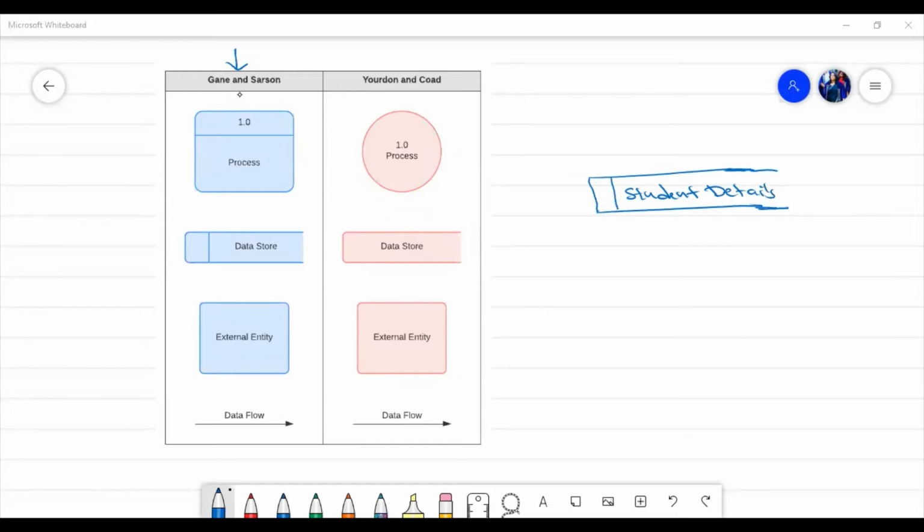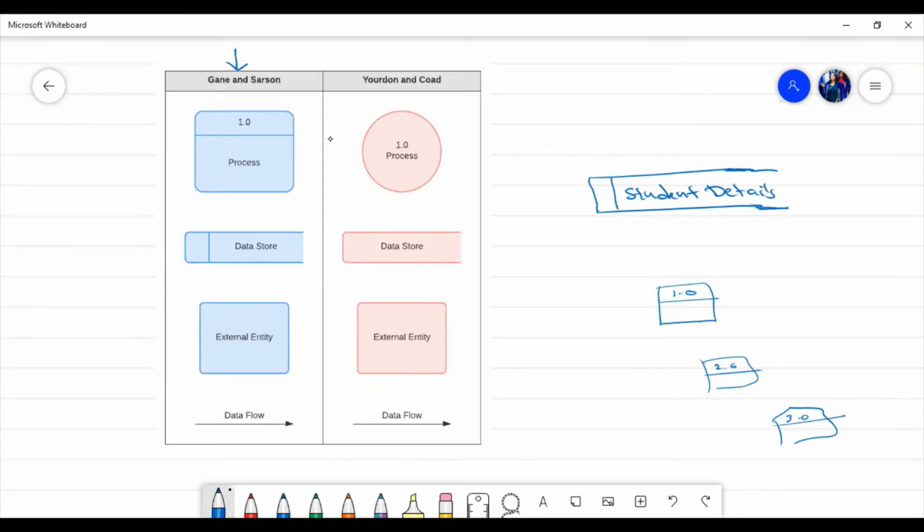Yes, Nuhansa, I can explain. Normally, this 1.0, when we are drawing DFD diagrams, we might have a lot of processes like this. Normally we have to put 1.0, 2.0 and 3.0 like that.